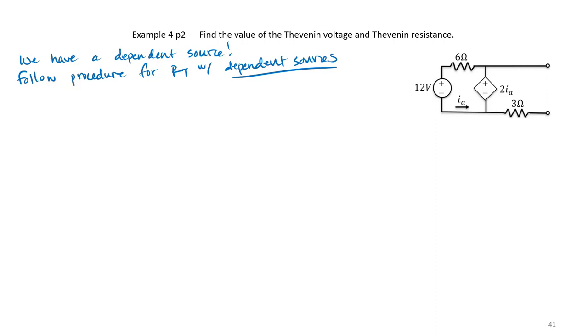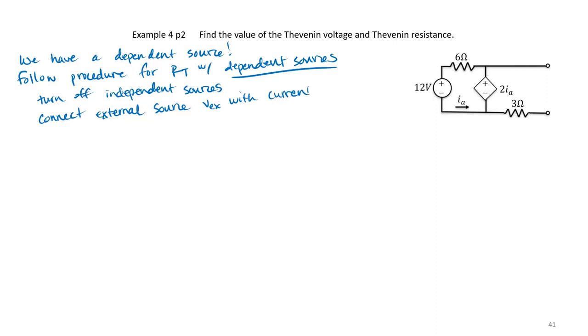So we still turn off our independent sources, but then we need to connect the external source, VEX, with current, IEX.